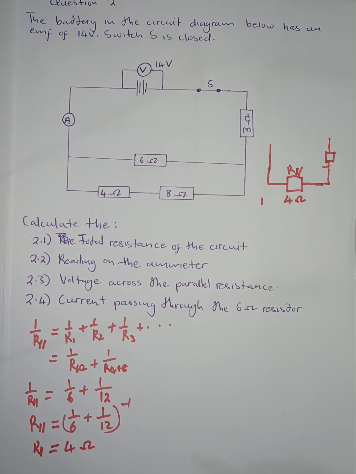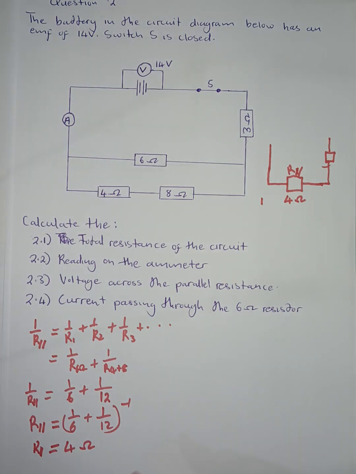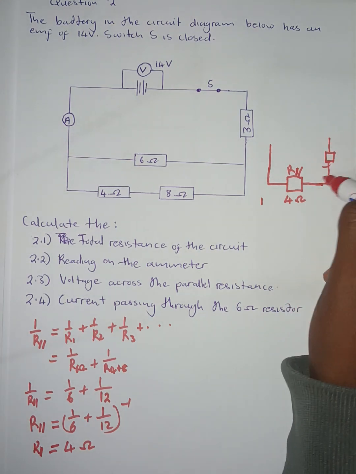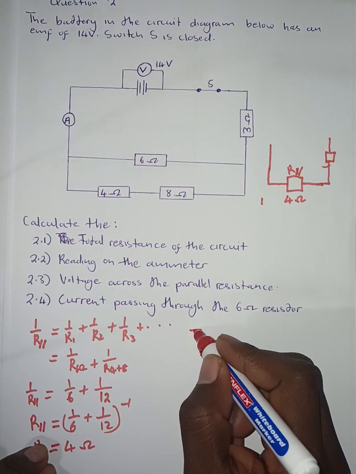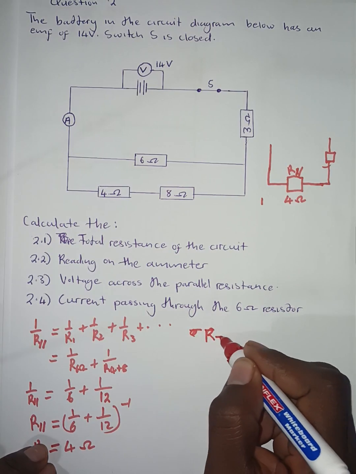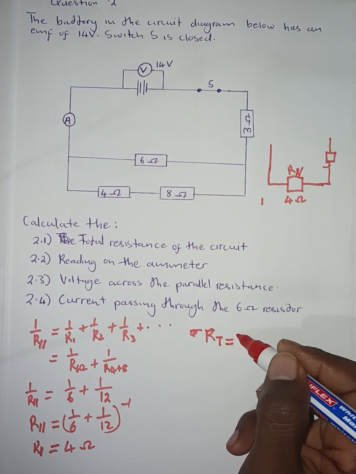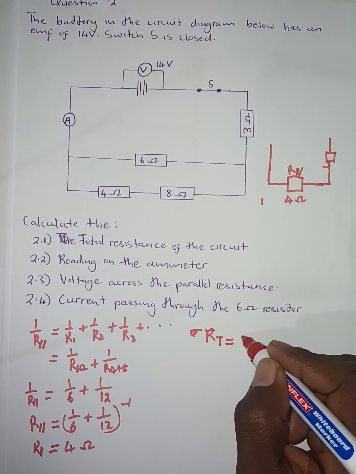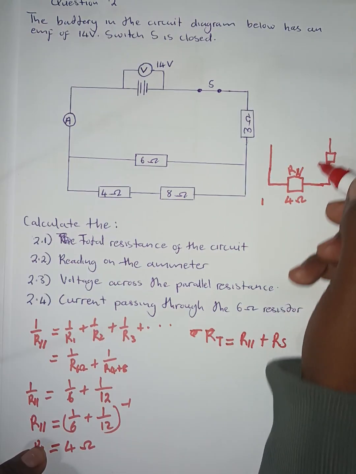Now remember, they said to calculate the total resistance in the circuit. So immediately after I calculated my R parallel, that would be in series with that 3 ohm resistor, right? So to calculate R total, the total resistance in our circuit, that would be R parallel plus the resistor that it is in series with.